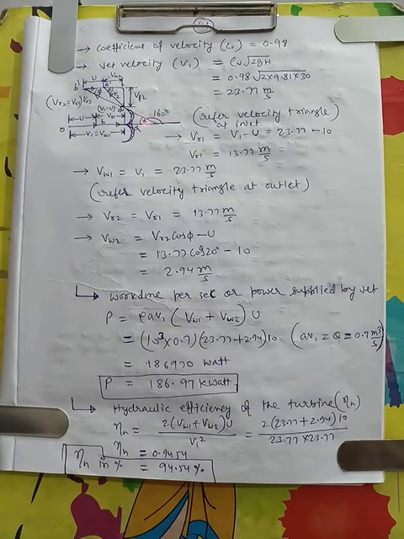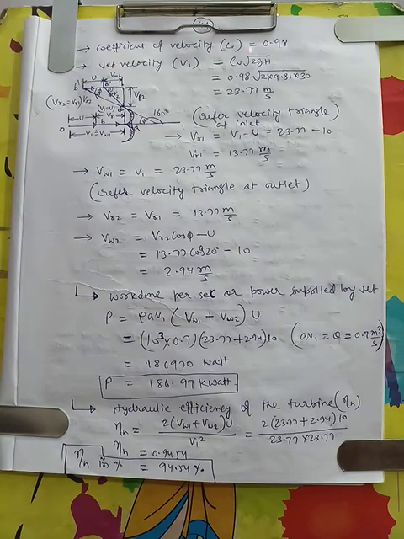So phi will be 180 degree minus 160 degree, that is 20 degree, as in last page we already written.